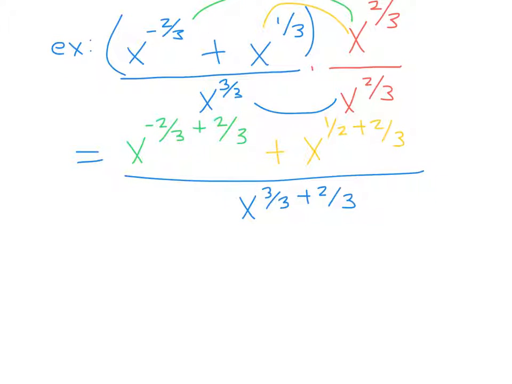So let's simplify. In the numerator, when we add those exponents, we get x to the 0. And then when we add the exponents for the second term there, let's see, I need to fix one thing.